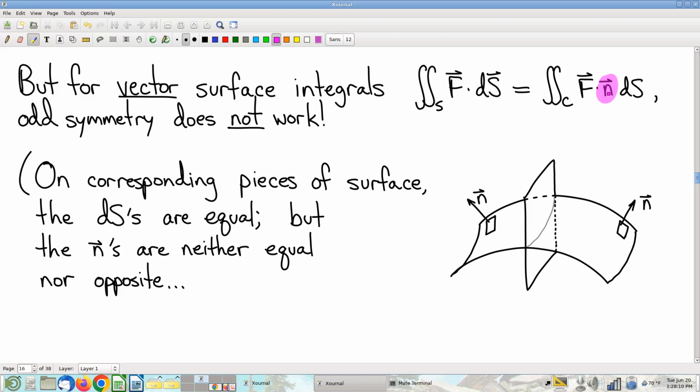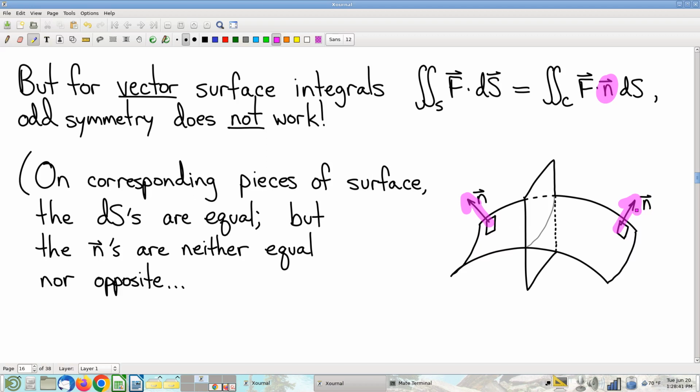Your orientation vector on two different sides of a symmetric surface, these being the little pieces in the Riemann sum that hopefully we would want to pair up and cancel. These two normal vectors, they don't point the same direction. They don't point opposite directions. They just point different directions.